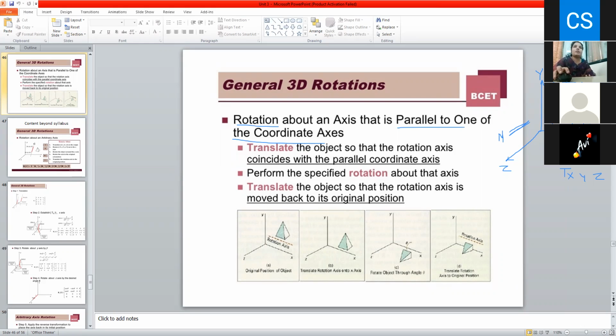Now my idea behind this is I don't know the T matrix for this rotation about this axis. So what I can do is I will shift this L downwards. That means I will translate this L downwards so that X and L will be coinciding on each other. I will shift this axis down.